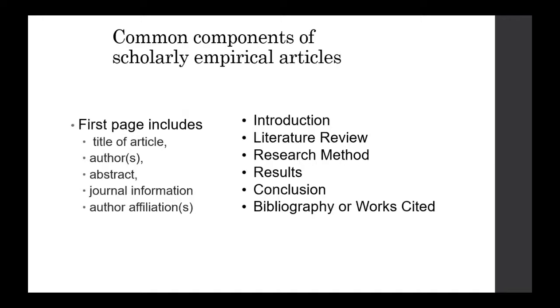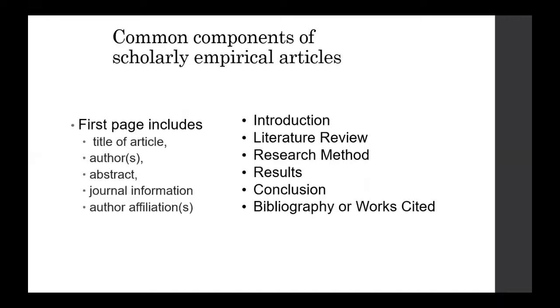You do always have to look thoroughly in an article if you're going to use it for an assignment or a paper or a thesis. But there are some visual components that can help you determine, at a top level, whether this is an empirical article or not, and also if it's scholarly.